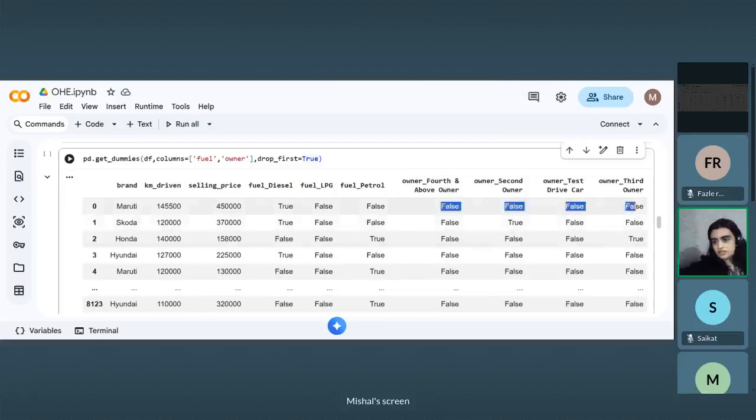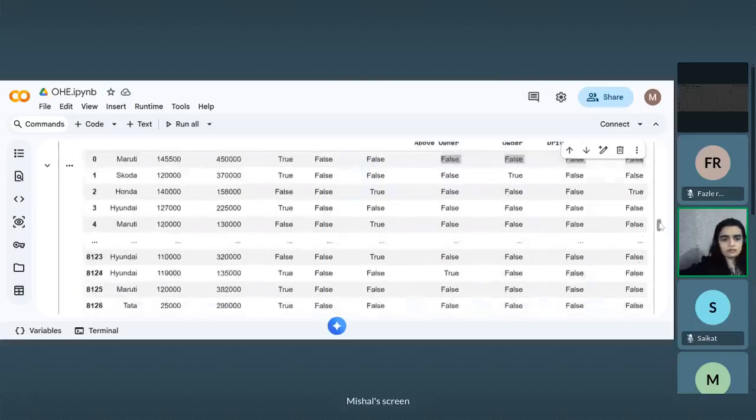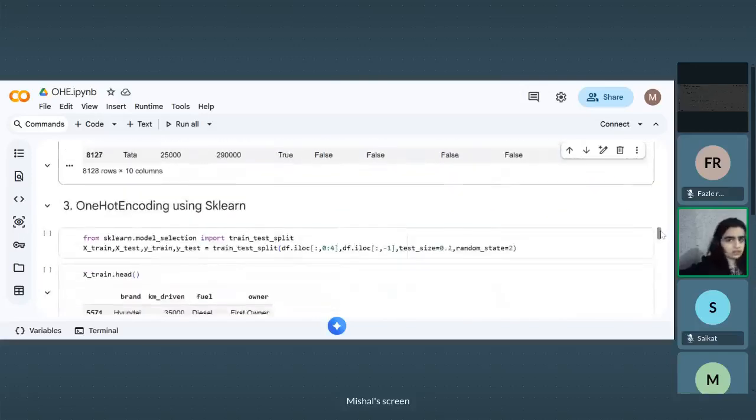If all of these are false, it means this car is of the first owner. This one is for the second owner, and likewise. So it's just about this parameter. By the way, it doesn't make any major difference. It is just used to drop the first column or not.